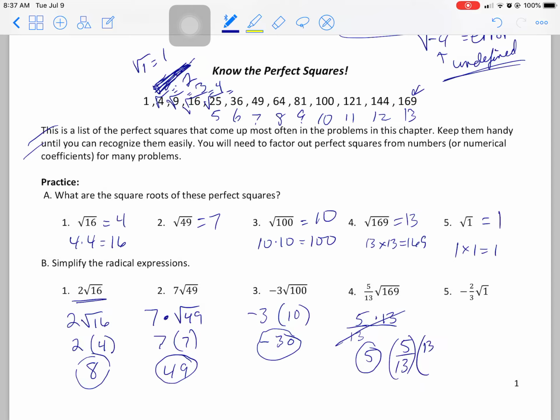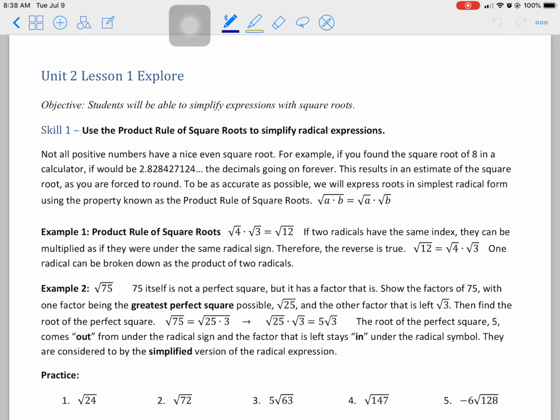You can put the 13 over a 1, and you multiply across the top and get a number, and then divide by 13, which is the same as reducing the 13s away, and you get a 5. Okay? And negative 2 over 3 essentially times 1, which is the square root, which is negative 2 over 3. Okay? And we'll do the explore on the next one.